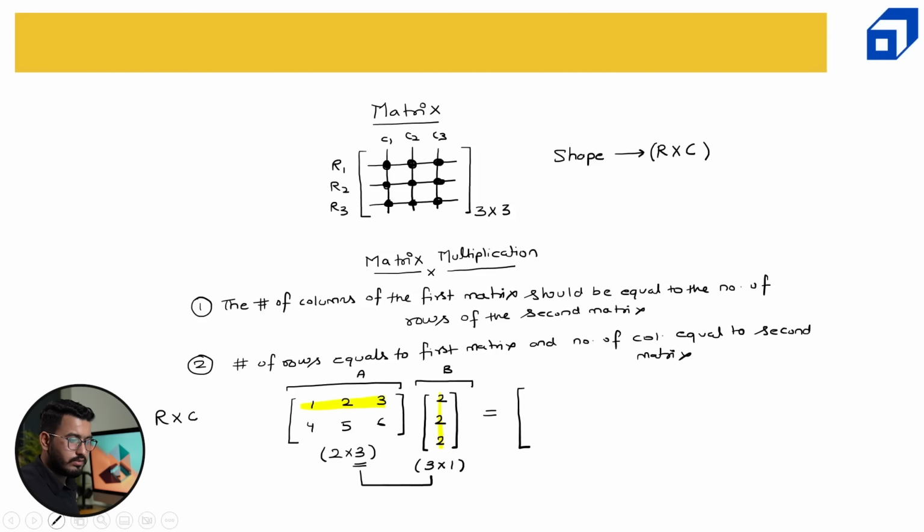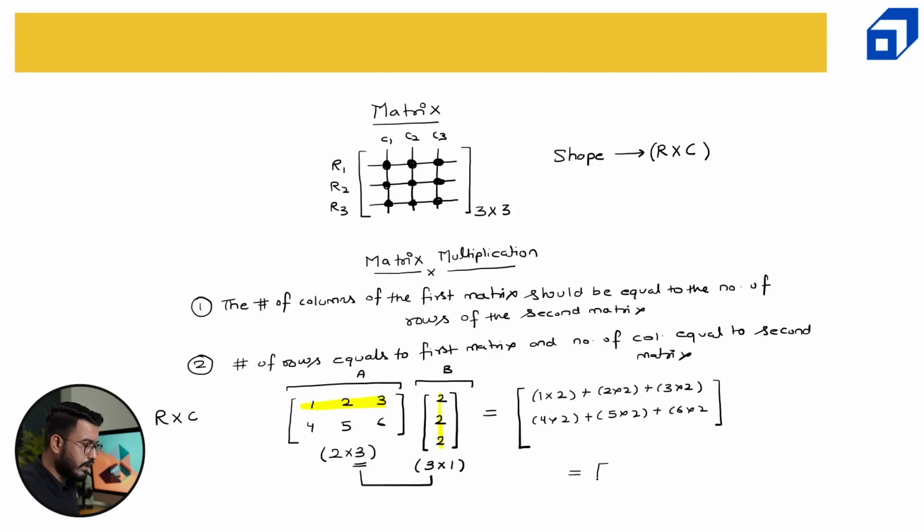Let's do that. My first value will be 1 into 2 plus 2 into 2 plus 3 into 2. My second value will be 4 into 2 plus 5 into 2 plus 6 into 2.